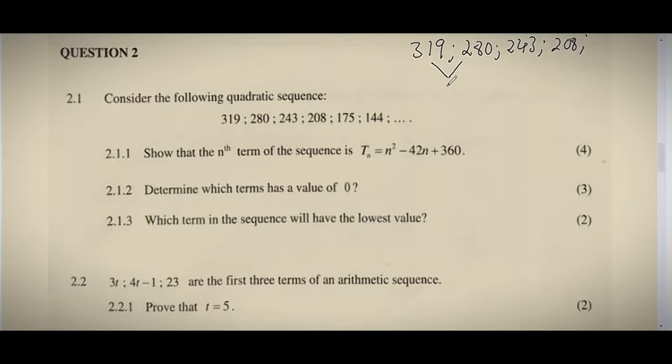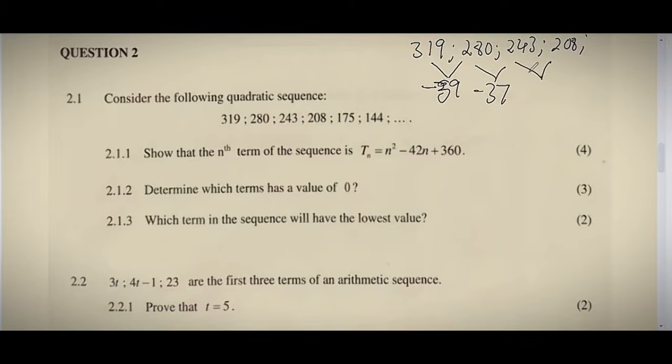Then if we subtract, that's 280 minus 319. It will give me negative 39. And then if I say 243 minus 280, that gives me negative 37.